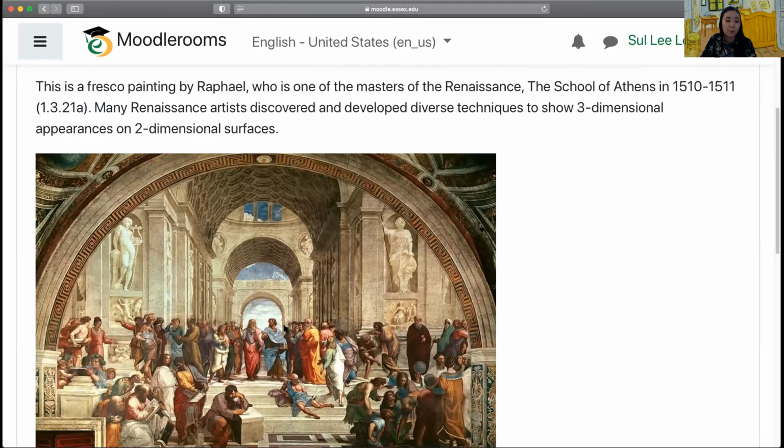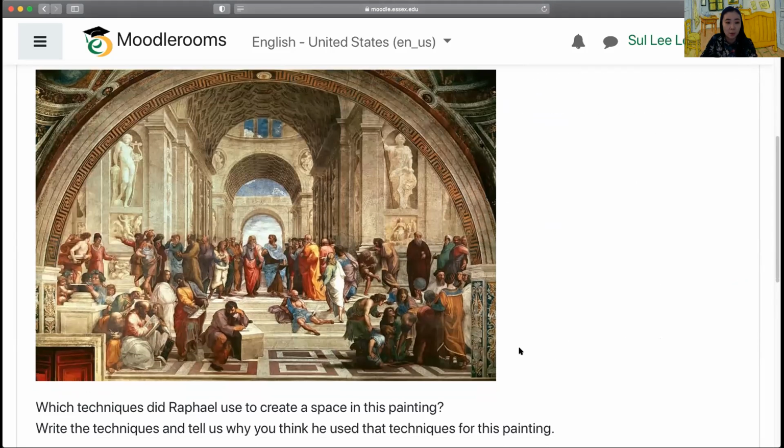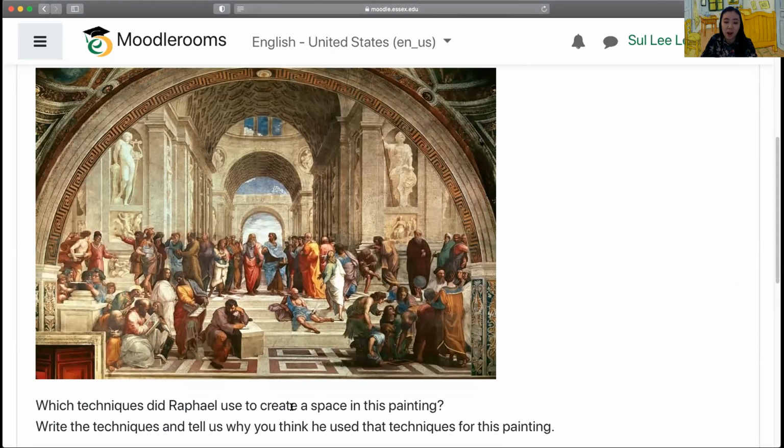This is a fresco painting by Raphael, who is one of the masters of the Renaissance, the School of Athens. So many Renaissance artists discovered and developed diverse techniques to show three-dimensional appearances on a two-dimensional surface. So which technique did Raphael use to create space in this painting? So please write the technique and tell us why you think he used that technique for this painting.